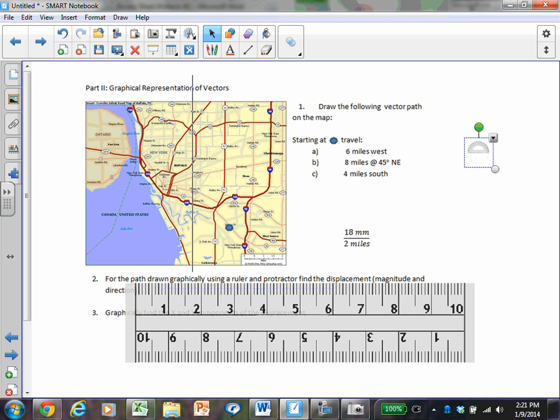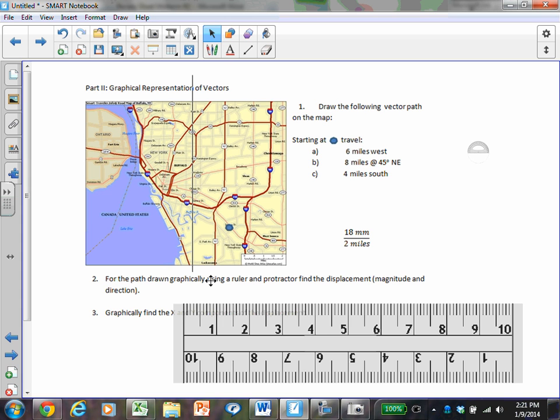Okay, so the first thing says 6 miles west, starting here, which would be that way, and I have 1.8 millimeters, or 18 millimeters, which is 1.8 centimeters, is 2 miles. So 6 miles west will give us how many?